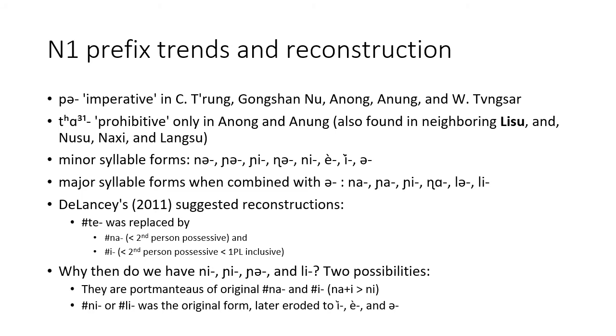Scott Delancey had previously suggested reconstructing the Proto-Trans-Himalayan or Proto-Tibeto-Burman inverse prefix as an original te, which was replaced at some point in the past by two different prefixes, both coming from a second person possessive form, na and e, where e was originally a first person plural inclusive form and then later became a second person possessive form.